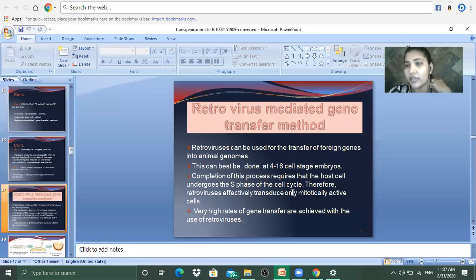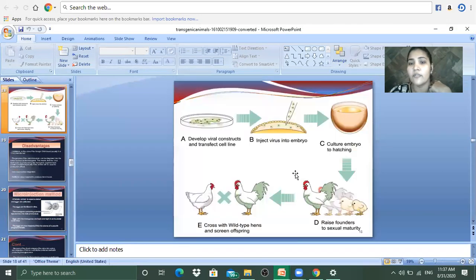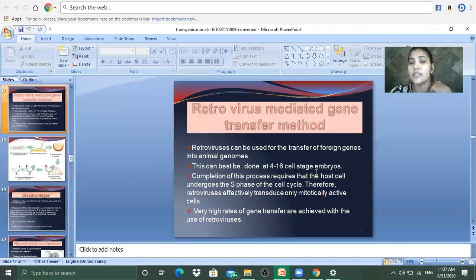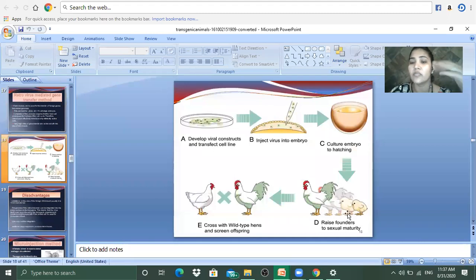We make a construct and insert it into the embryonic cells, a 4 to 16 cell stage embryo, and then we get the animal once we hatch it. In this example, they are talking about the chicken, and how they make a transgenic chicken. That is what is shown here.